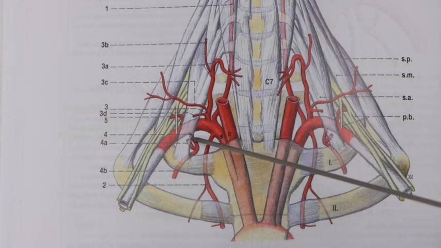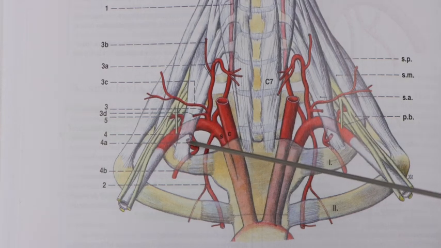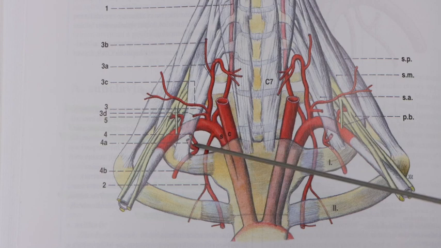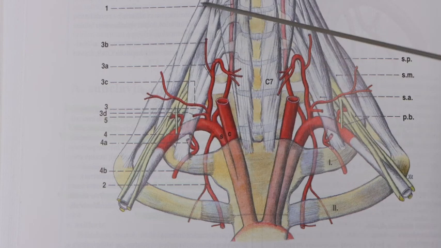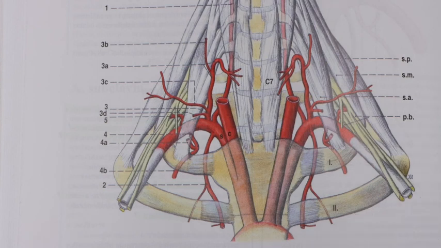This costocervical trunk further gives the deep cervical artery, which goes back deep to the neck region and supplies the deep muscles of the back and neck, and also gives spinal branches for the vertebral column, spinal cord, and meninges.